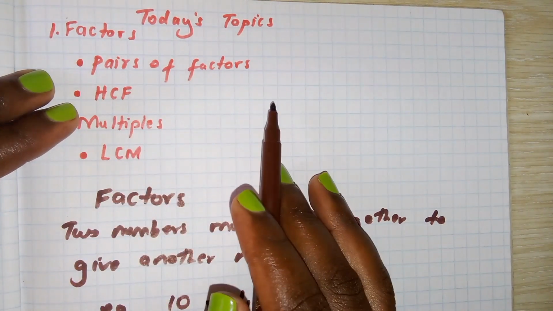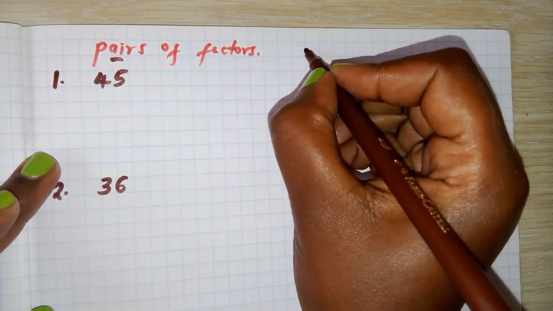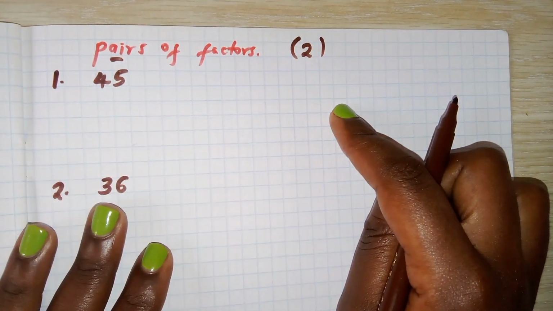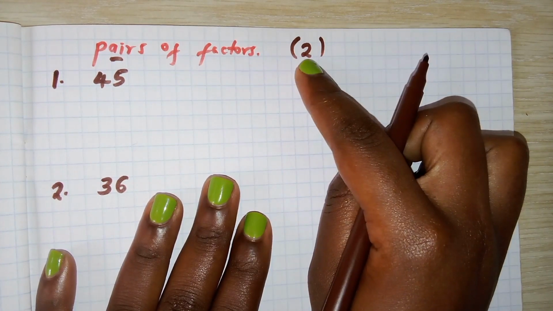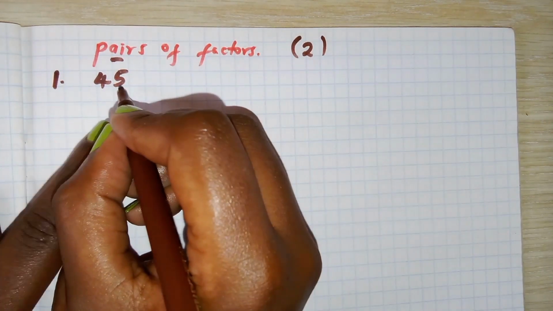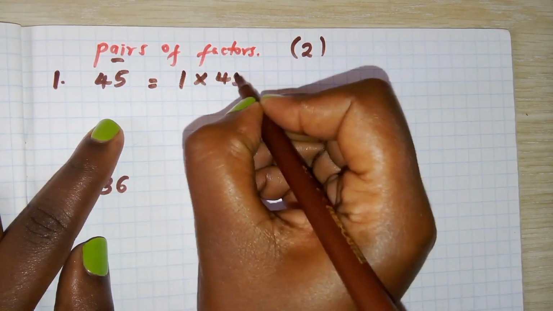We can start with the pairs of factors. Basically, pair means two. When you go to the supermarket to buy a pair of shoes, you're given two shoes. So we know that a pair exists as two. Let's do all the factors of 45, and we always start with 1 and the number itself.